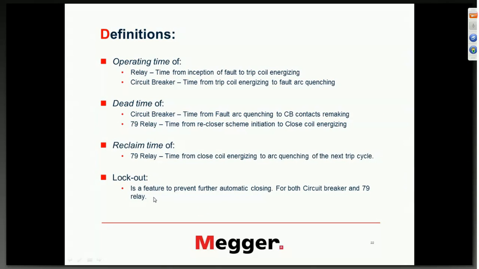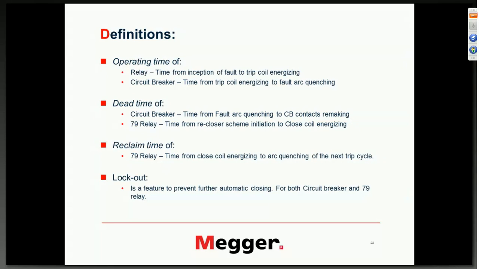And lockout, again, we have discussed quite a few times in the previous slides. Lockout means there's not going to be any more short or reclosure signals sent back to the circuit breaker after that. So that is what a 79 lockout means.